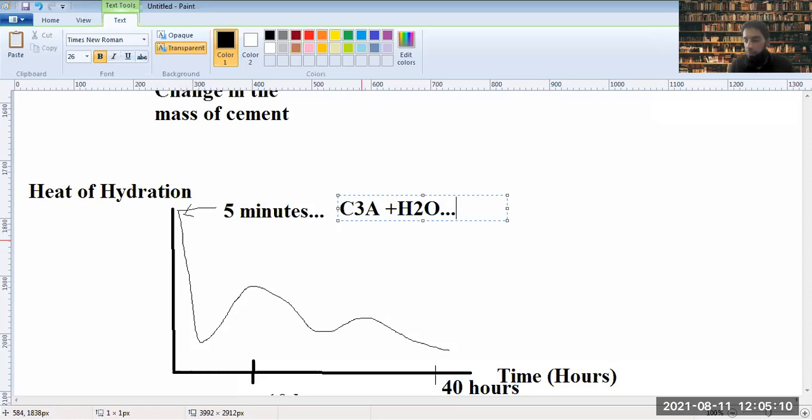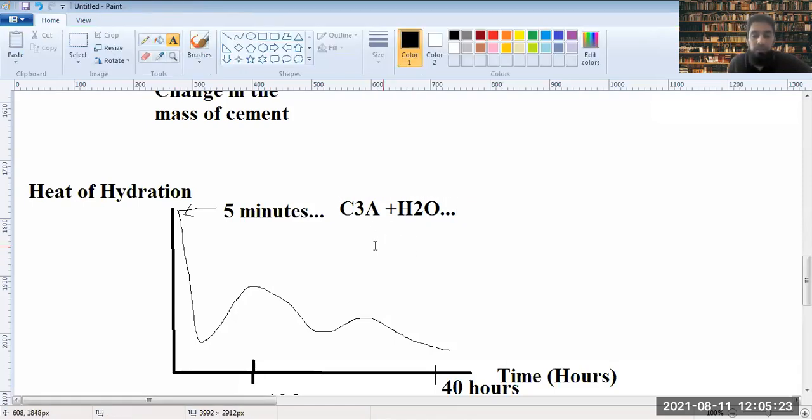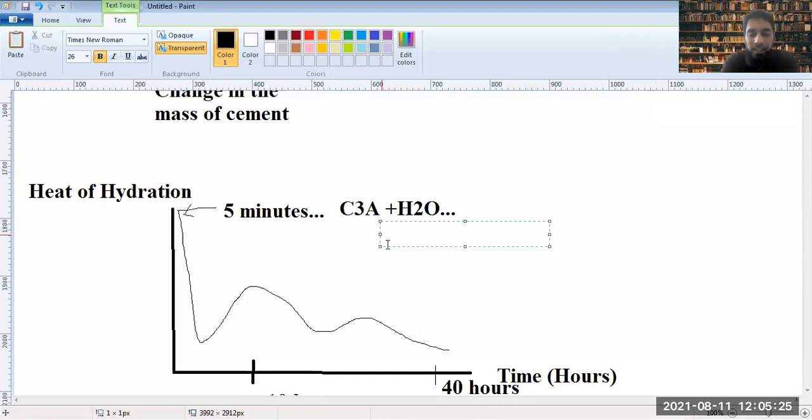Once you have calcium aluminate hydrate produced, this again is a crystalline structure. But C3A has a property that it reacts very fast with water. So it may lead to flash set. Now what is set?